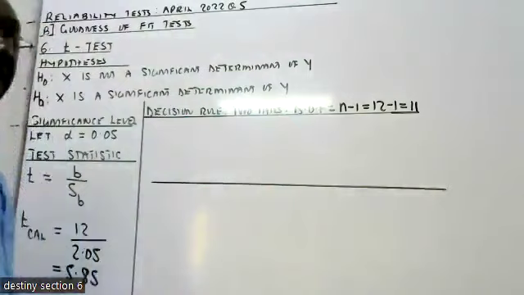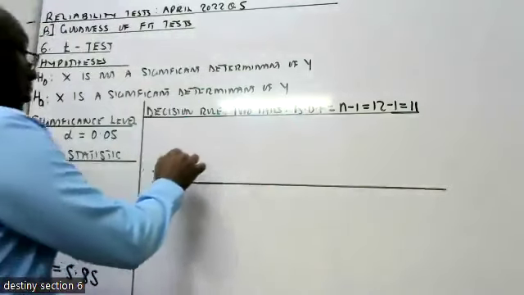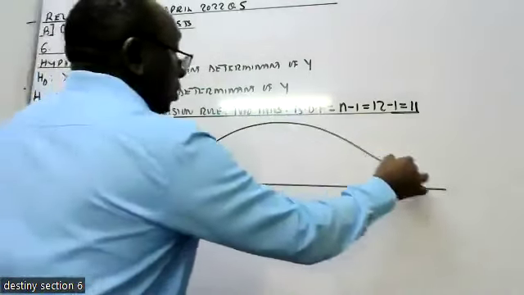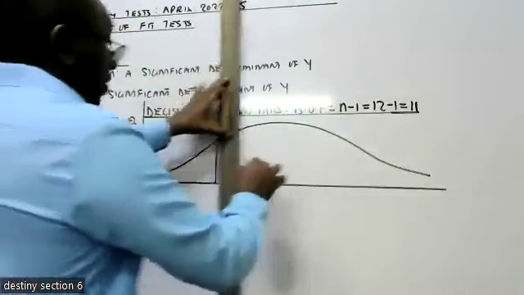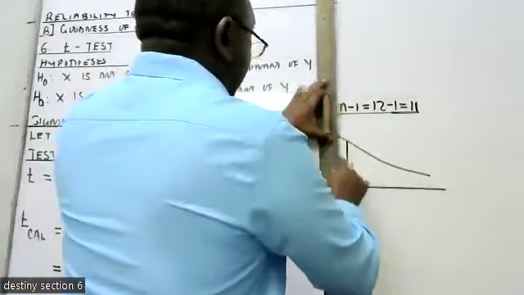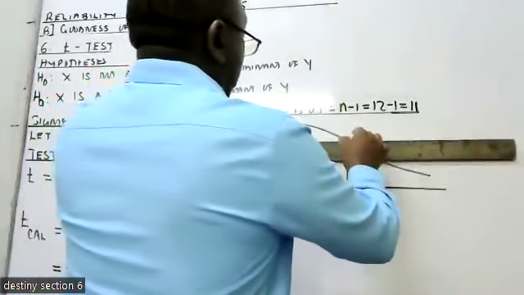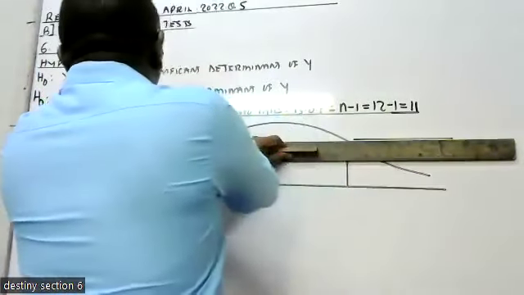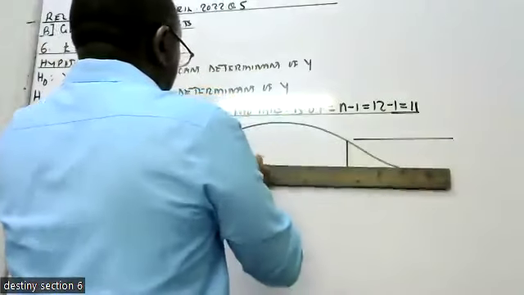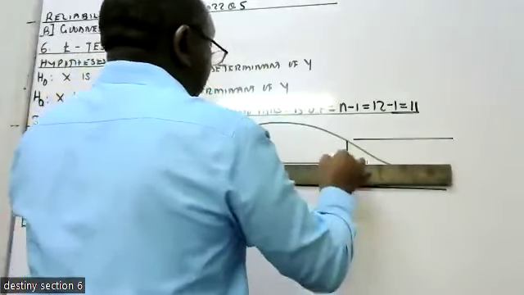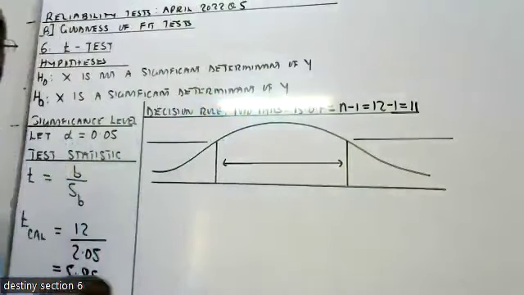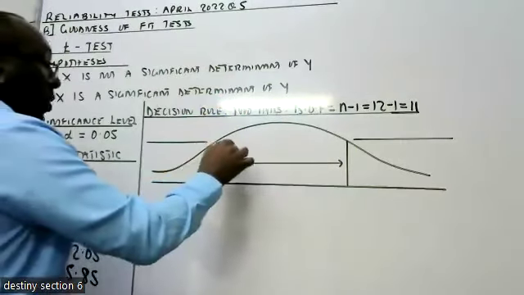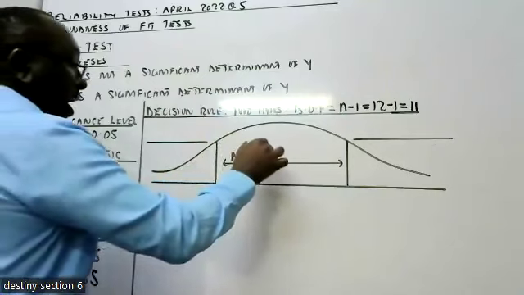We come and design the table for our rule, which will be like this. We have the lower side and the upper side. If we find ourselves inside here, we will say accept null.